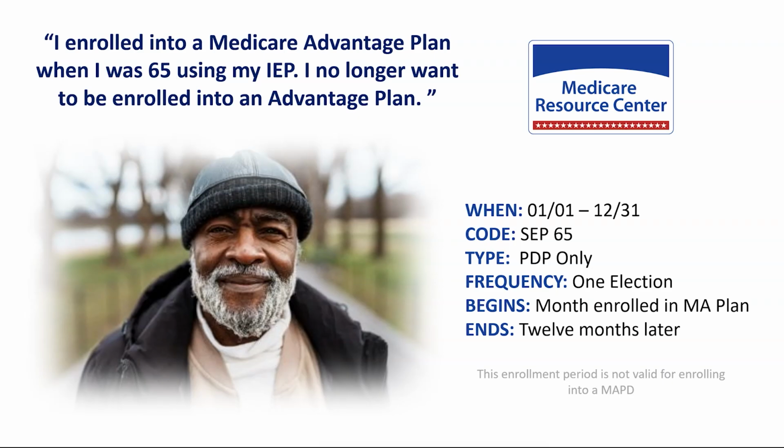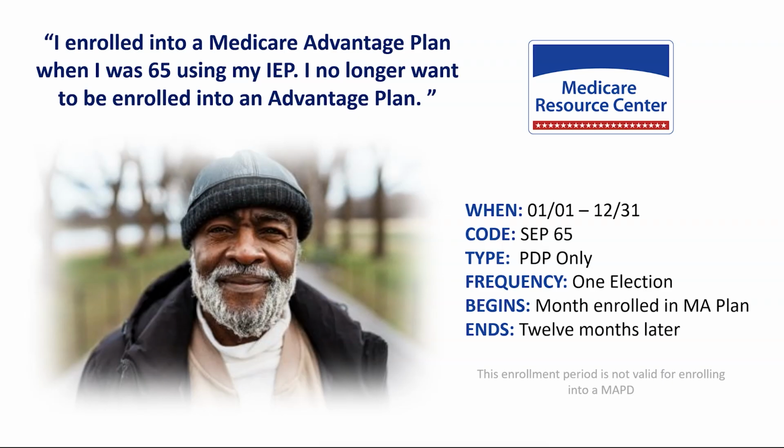Right smack dab in the middle of the year, or wherever it lands, as long as it's within the first 12 months of enrollment, they can enroll in a prescription drug program. The code is SEP65. So it begins when they enroll in that Advantage plan and it ends 12 months later.